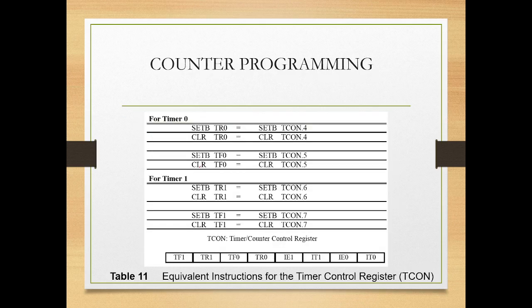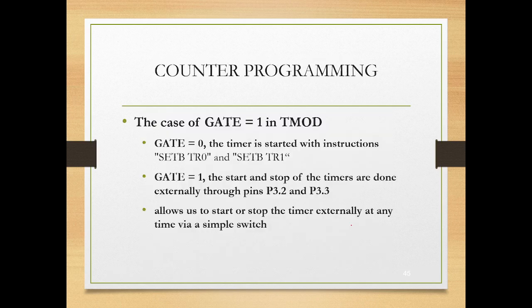And then this is the format for TMOD. Gate 1 in the timer mode register, we already know what is the purpose of gate here. Gate 0 indicates the timer is started with the instruction set TR0 or set TR1.